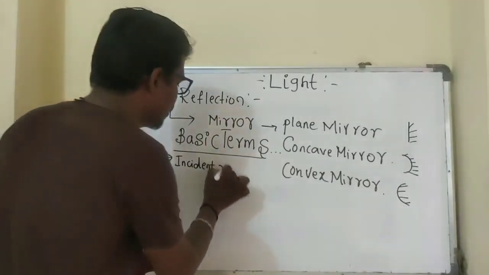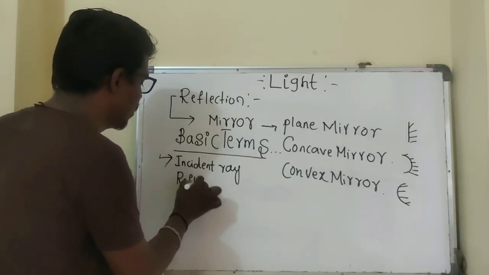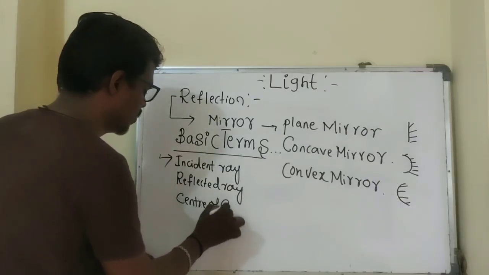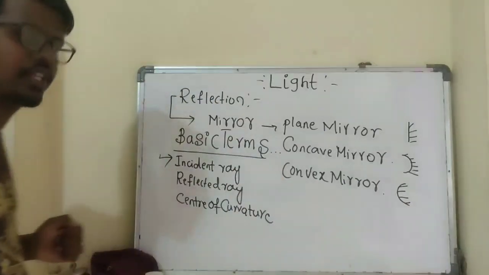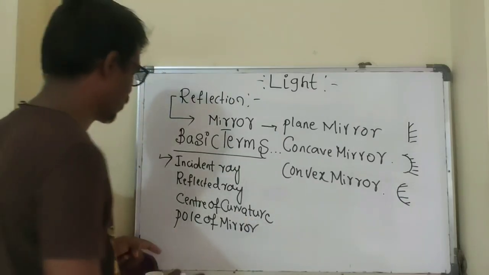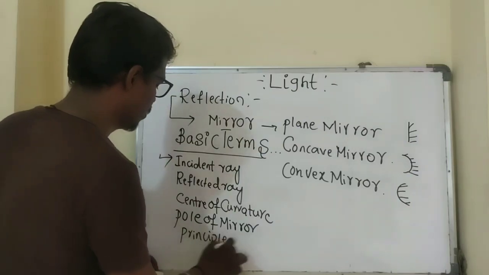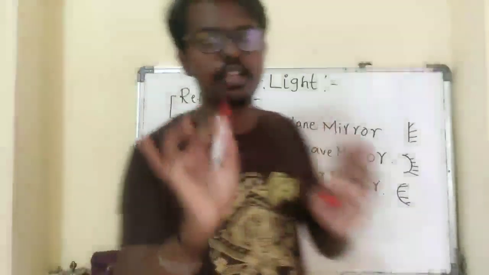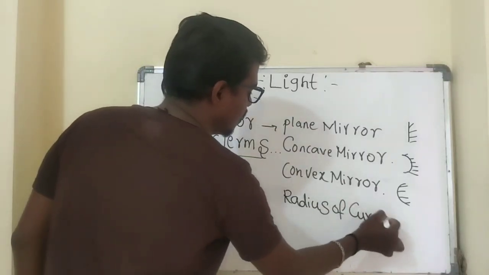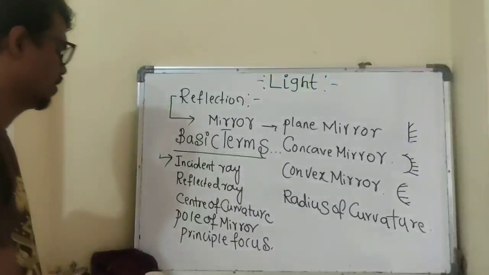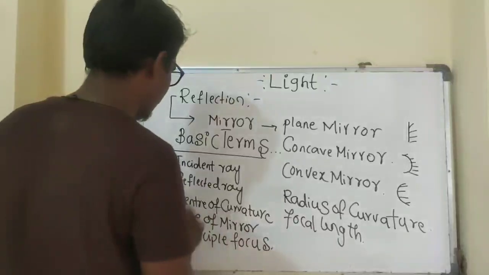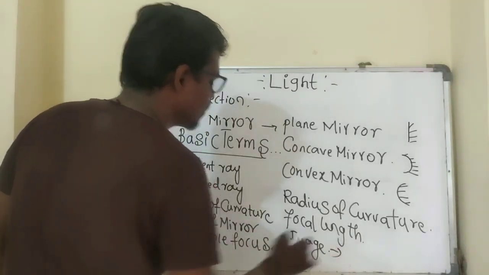I will explain incident ray and reflected ray, and center of curvature, next pole of a mirror, next the concept of principal focus, next radius of curvature, next the focal length, next the image, types of image and properties of image.